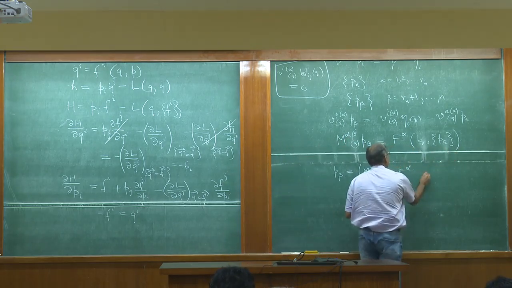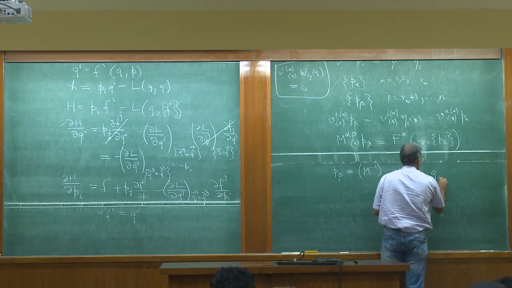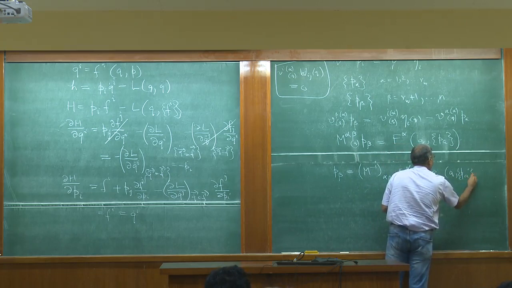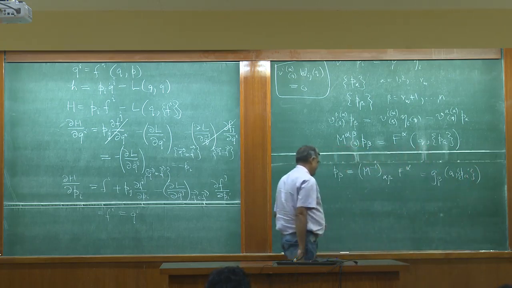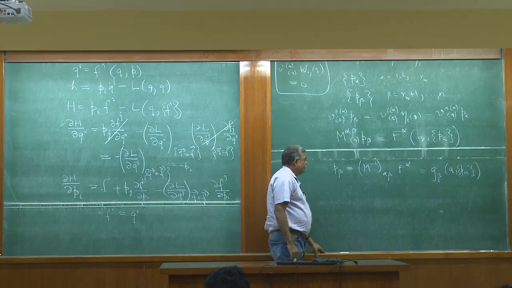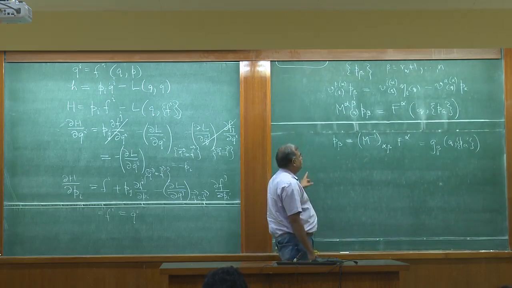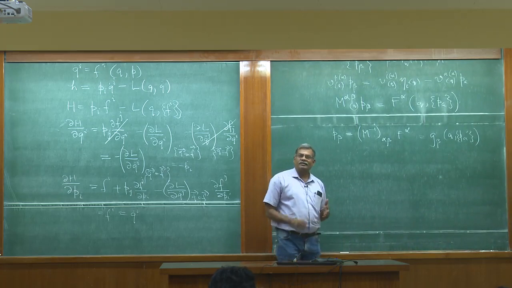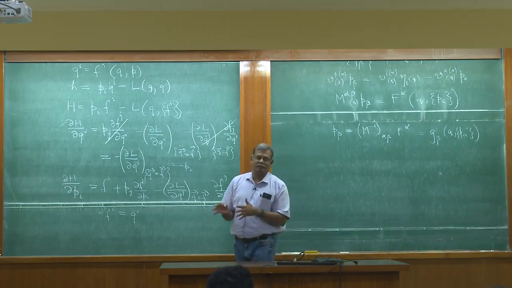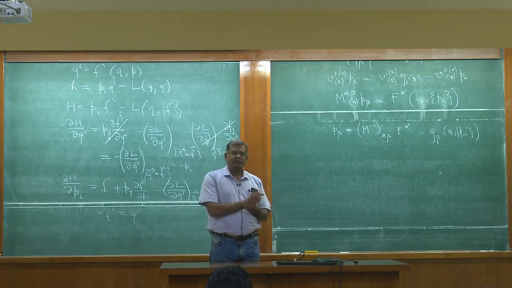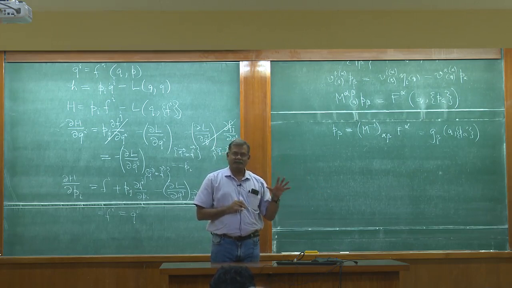So, this is going to be some function G beta of Q and the unconstrained, independent momenta. So, basically, at this stage we have not really used the equations of motion or anything. We have just looked at the definitions of P, right? I have just taken L, differentiated that with respect to Q dots, found out what the P's are, and we have found those P's, some of those P's will obey constraints.